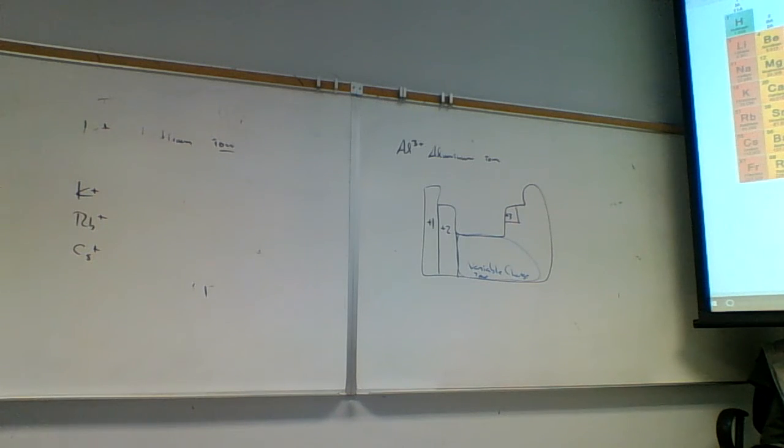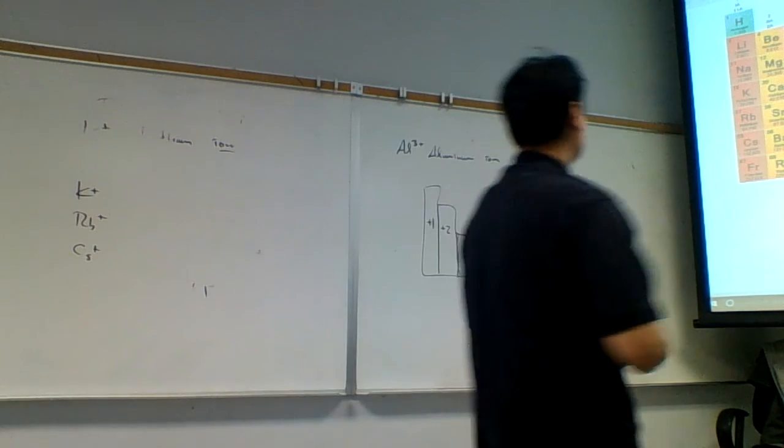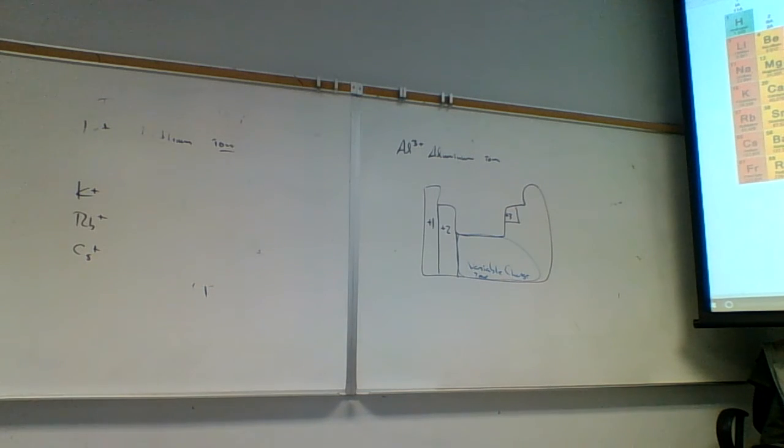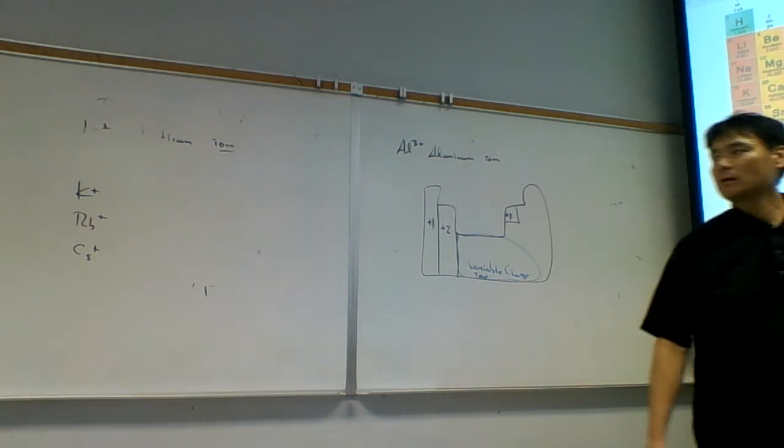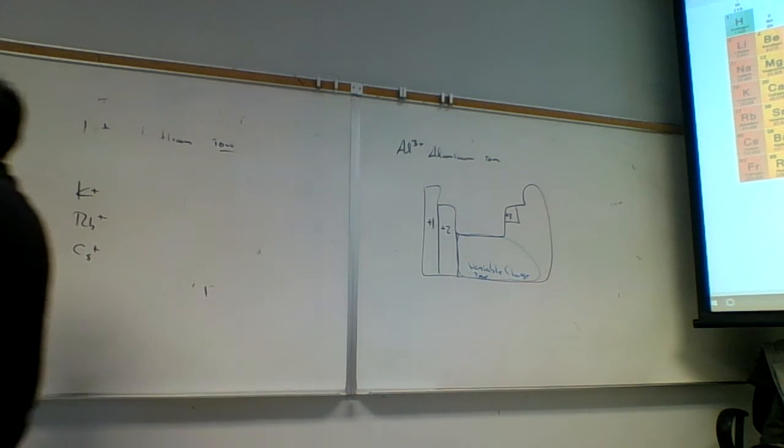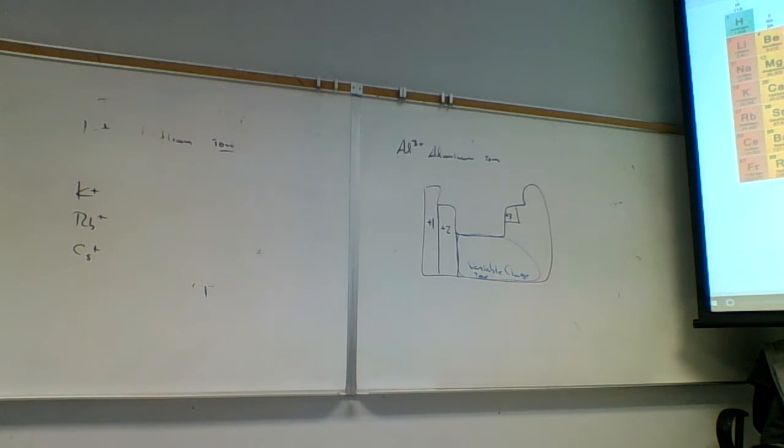And so when we're in this block, these are all variable charge. Lead. If I'm talking about the lead ion, I could be talking about lead 2+ or lead 4+. Lead 2+ is just called lead, Roman numeral 2. Lead 4+ is lead, Roman numeral 4. Now, -ous does not refer to a 2+ charge. -ous refers to the lower charge cation. -ic refers to the higher charge ion.